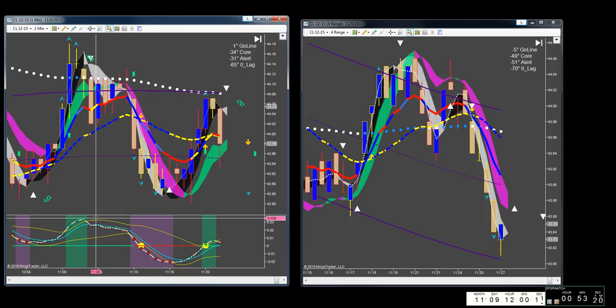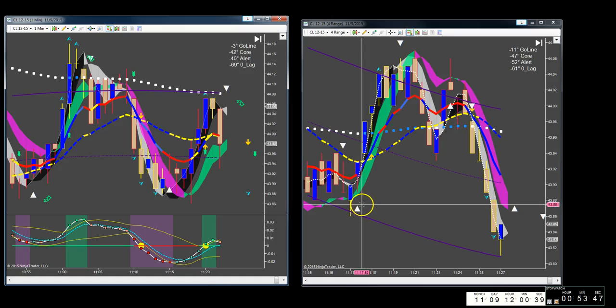Well, I actually believe the way I look at the zero lag and the alert zone is as a single indicator. They should have good confluence in what you're doing. You don't really want to get in a trade if the zero lag hasn't crossed over. You don't want to get in a trade unless the zero line has crossed over.